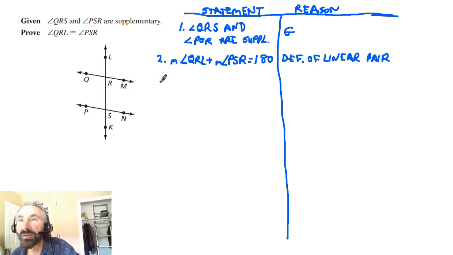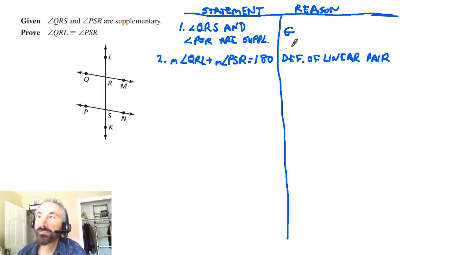We could then say step 3 that angle QRL and angle PSR are supplementary, again definition of linear pair. And then finally we could say measure of angle QRL plus measure of angle PSR is equal to 180 because definition of supplementary angles. But I'm going to do it all in one, put it right here, definition of linear pair, and if you do that, I'd be with you.